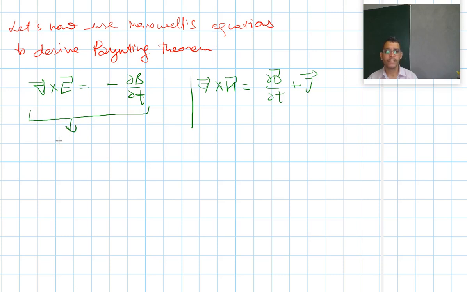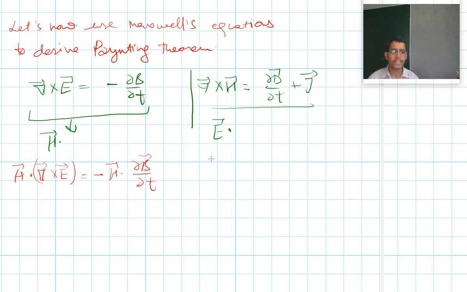Now operating these two with H, means taking dot product with this, and here we will operate with E. So when I operate these two with these, this equation will become H dot del cross E is equal to minus H dot curly B by curly T, and here this equation will become E dot del cross H equal to E dot curly D over curly T plus J. Right, these are the two equations which I am getting.